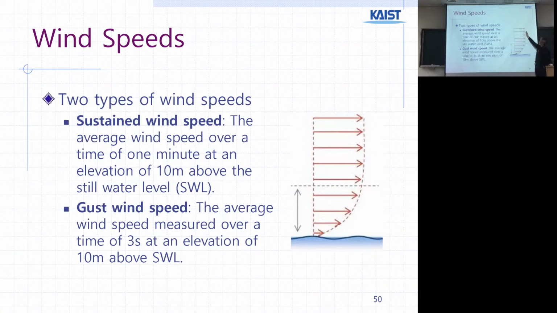This is a sustained wind speed, right? Average wind speed. Wind speed is fluctuating. There is no steady state. We say steady wind speed is not possible for a long time. Wind speed is changing and wind direction is also changing. Very similar to waves too.